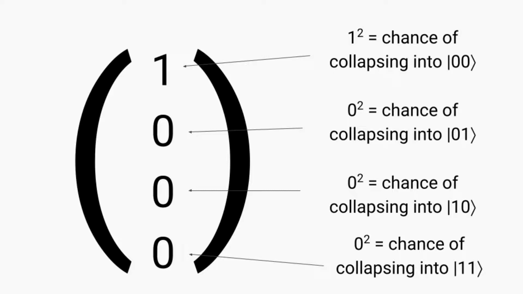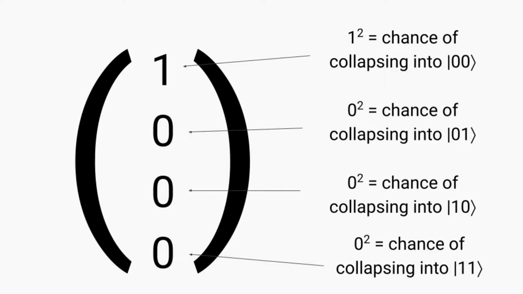Now you might be wondering how we can actually multiply a 4x4 matrix with our original 2x1 matrices. However, we represent quantum states with two qubits slightly differently, in that we represent them in a 4x1 matrix. On top we have 1 squared, which is the chance of collapsing into 0,0.